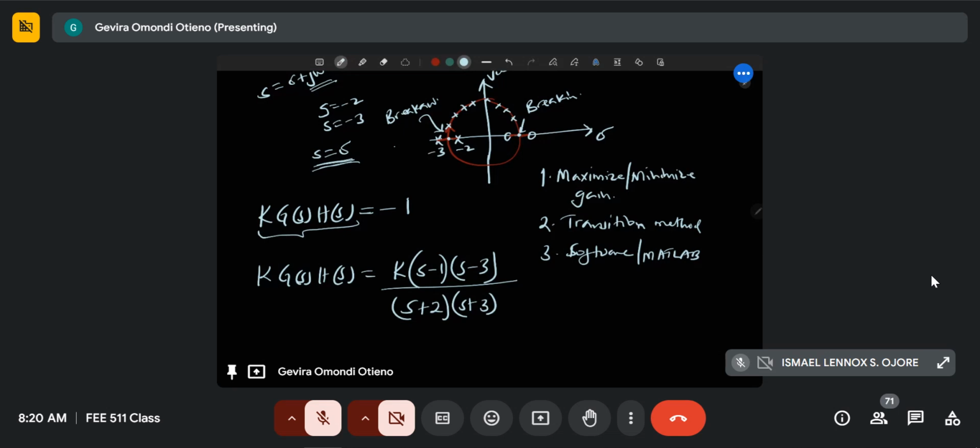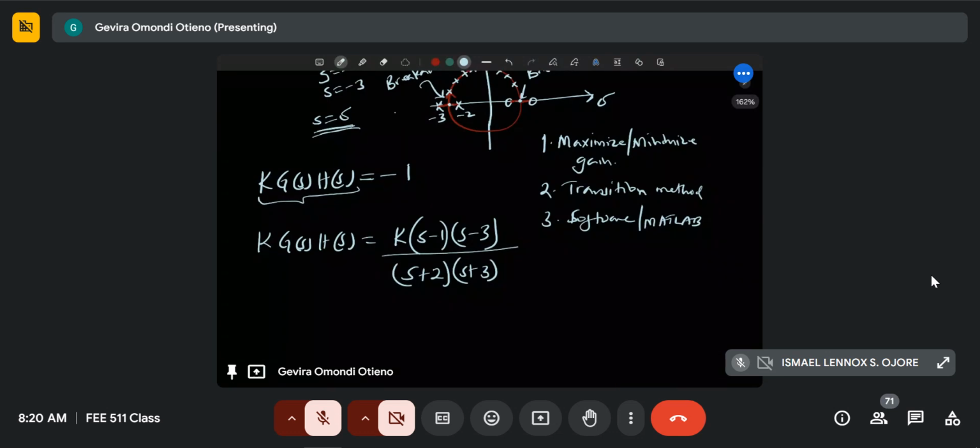Because this should be equal to -1, one way of determining the breakaway and break-in points is this: they occur on the real axis. It's a point on the real axis where the poles depart, or a point on the real axis where the poles rejoin. So at that point, S equals sigma.